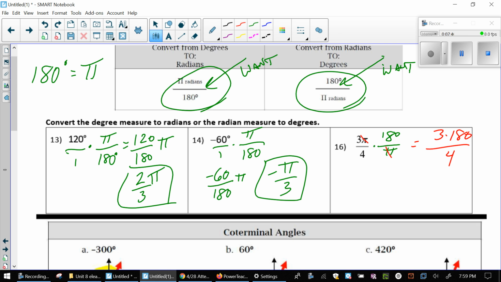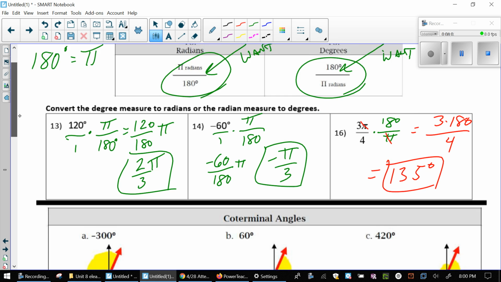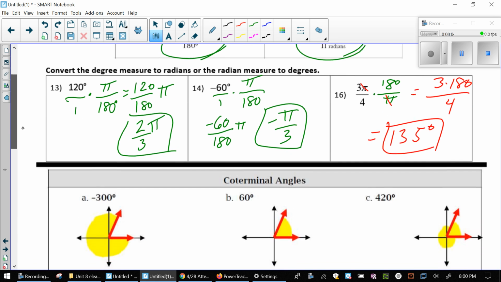So when I do this, I put in my calculator 3 times 180, hit enter, and divide by 4. And I get 135. And that's it. So that's all you have to remember with those guys. Pi equals 180. And you just use your conversion factor with what you want on top.